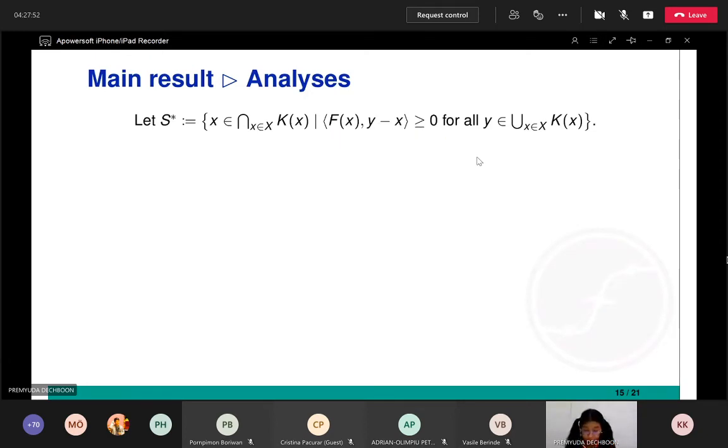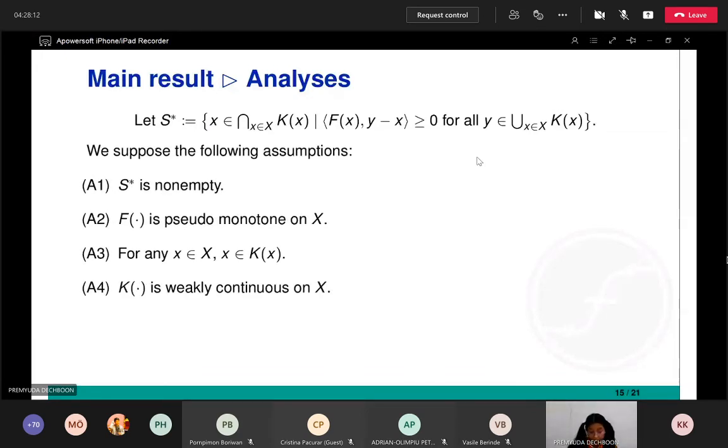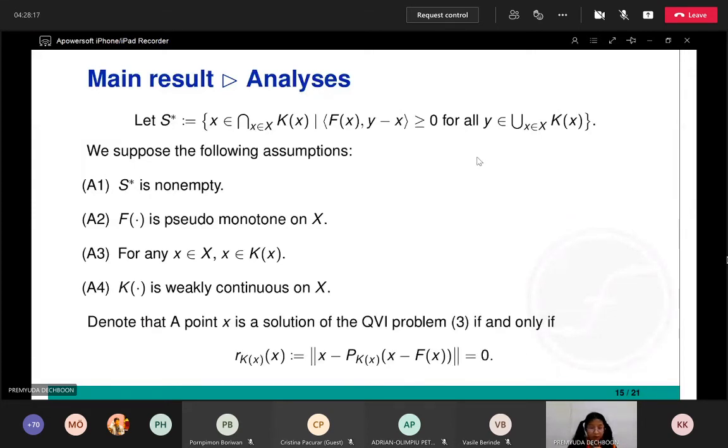For assumptions, S star is non-empty, F is pseudo-monotone on X, and x is in K(x) for any x. And the last one is that K is weakly continuous on X. Moreover, we denote some notation, which is an error.